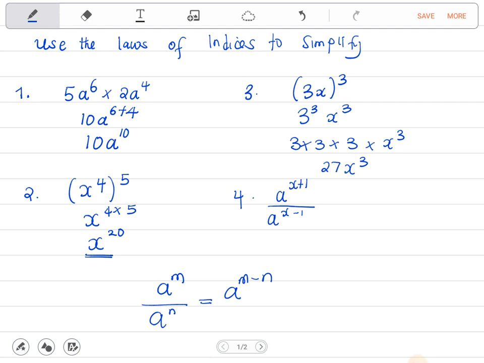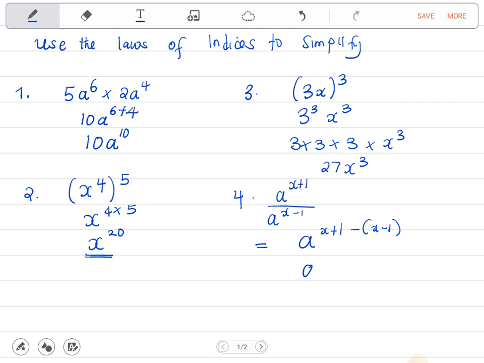So getting back to our question, a is common, so it will be a, and we have x plus 1 minus x minus 1. You have to introduce brackets. This is where you can make a mistake, so be careful there.